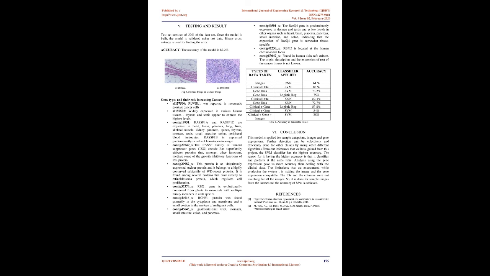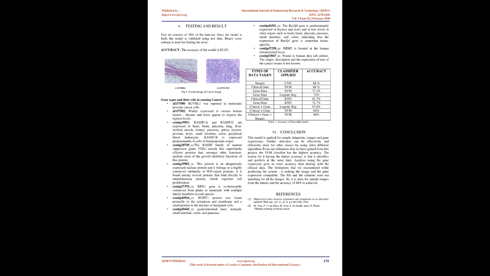Gastrointestinal tract, stomach, small intestine, colon, and pancreas. Contig46501_RC. The RECQ4 gene is predominantly expressed in thymus and testis and at low levels in other organs such as heart, brain, placenta, pancreas, small intestine, and colon, indicating that the expression of RECQ4 gene is somewhat tissue-specific.